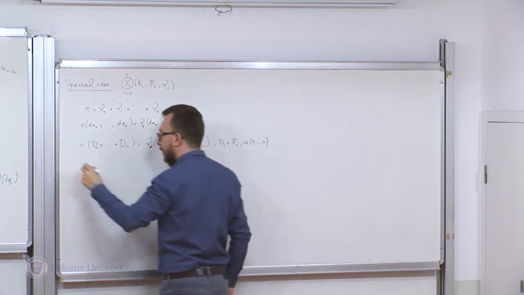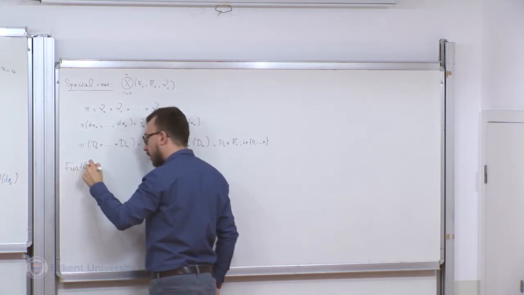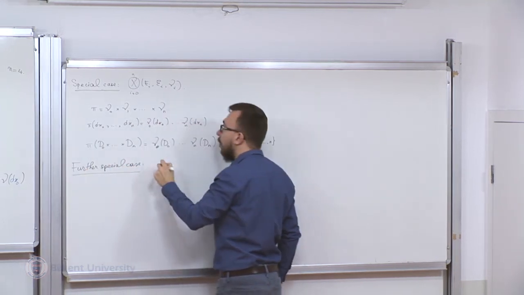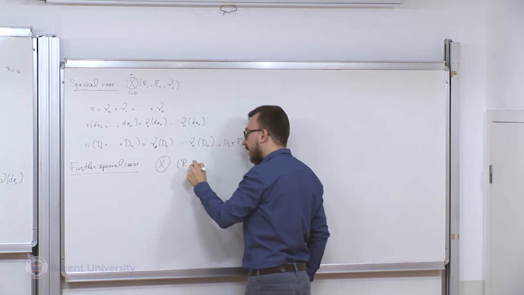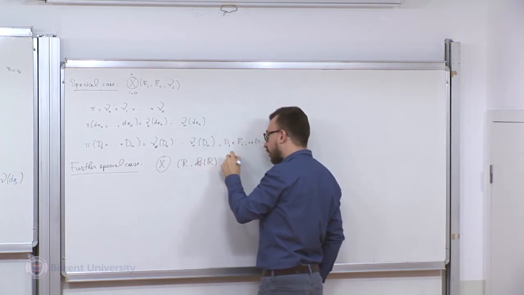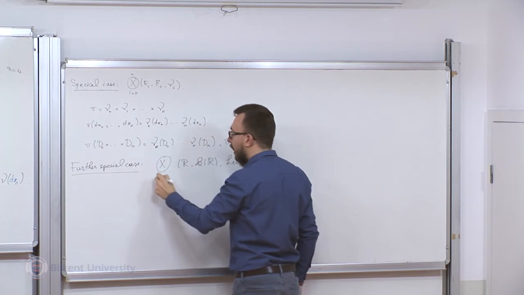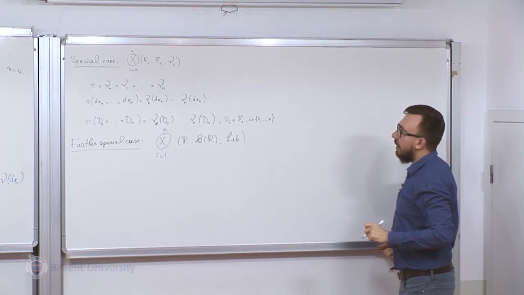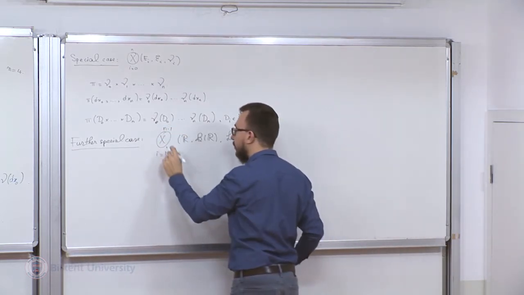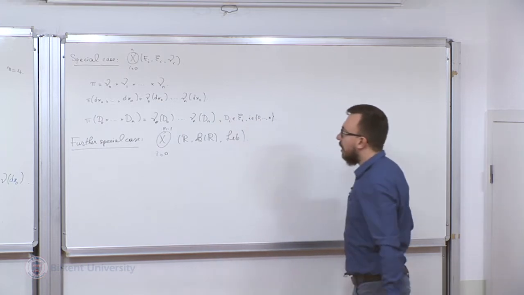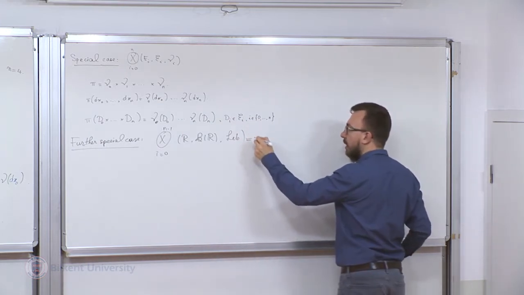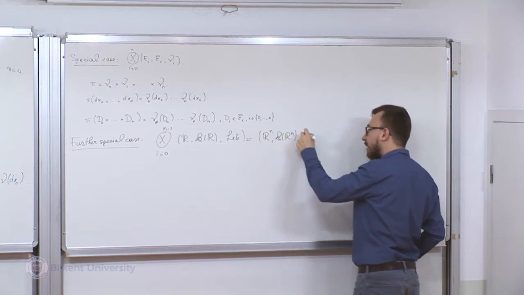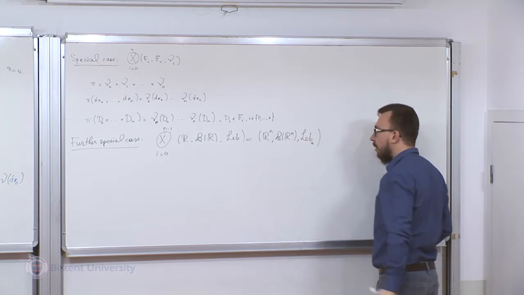And there is a further special case. Just take all of them to be the real line with the Borel sigma algebra and the Lebesgue measure. Let me index from 0 to n minus 1. So this is the n-dimensional space with the Borel sigma algebra and the Lebesgue measure on dimension n.